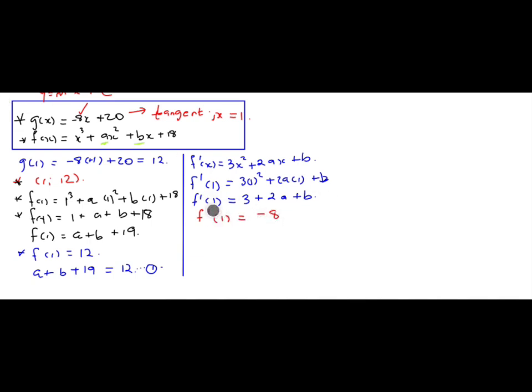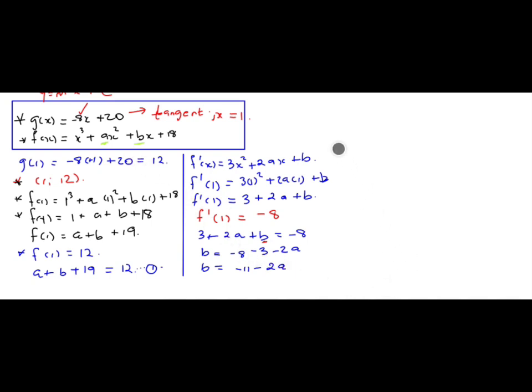So I go ahead and equate these two. So 3 plus 2a plus b equals minus 8. And I guess from this equation I can make b the subject of the formula. So let's just say b equals minus 8 minus 3 minus 2a. And this is minus 11 minus 2a.